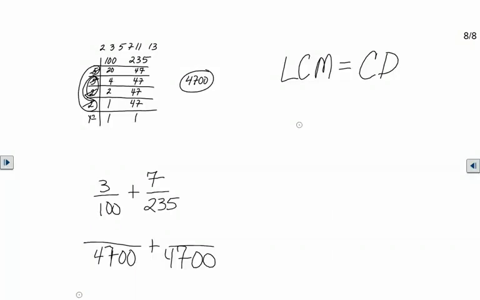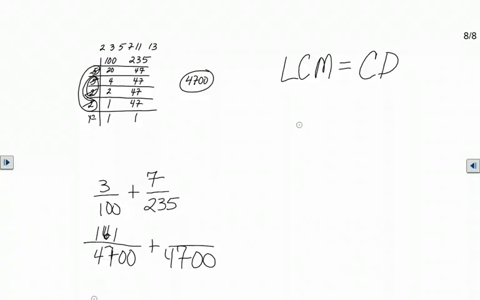Somebody look it up. Somebody multiply 47 by 3. What do you get? Is it 141 or 161? Use your calculator. 47 times 3. What is it? 141.